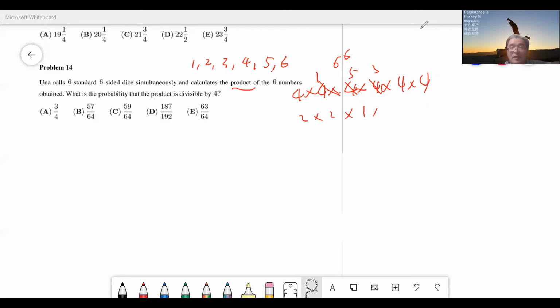Then we need to think about using the complement. Instead of looking at the product divisible by 4, we are looking for the product that is not divisible by 4.